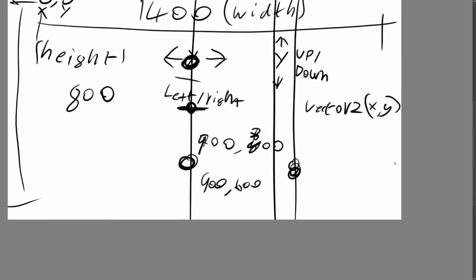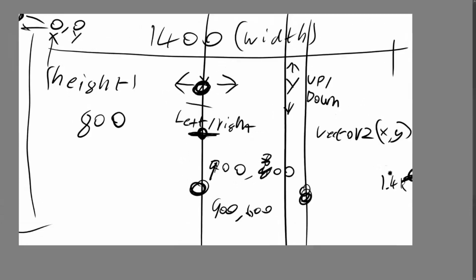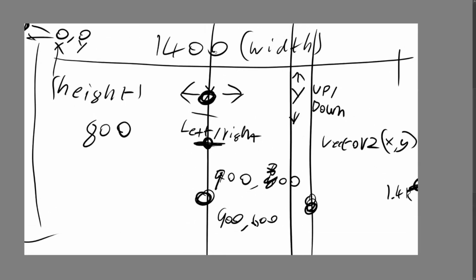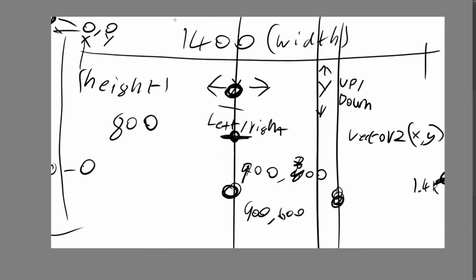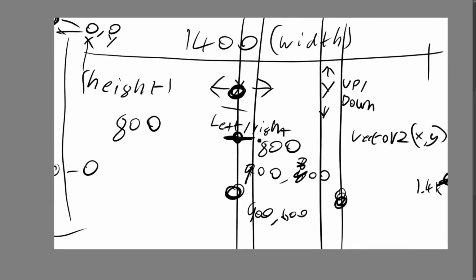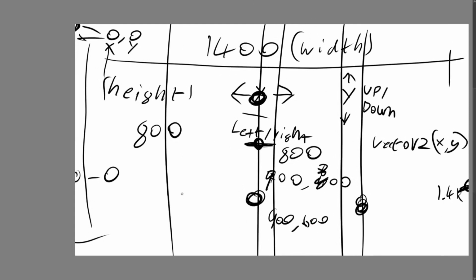So you can think here is 1.4K, which is the max width. Here is 0. Up here, that's the x value, and then half of this is 800. Then you half it again, 400, or here is 1,000.